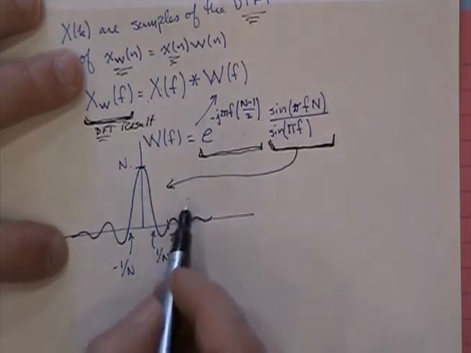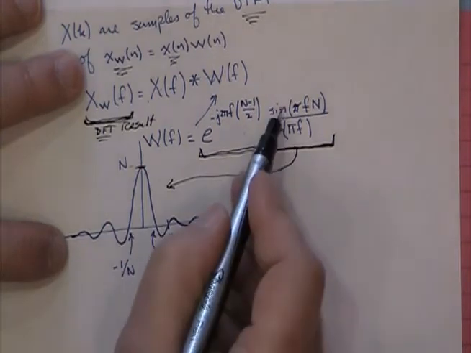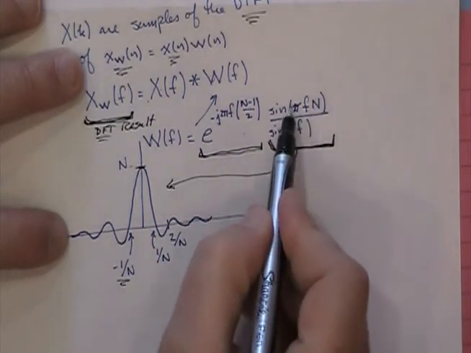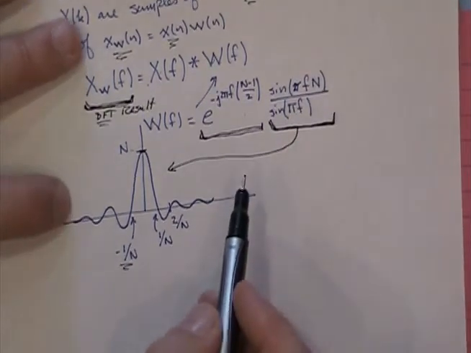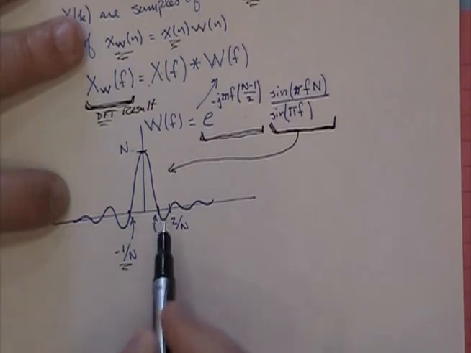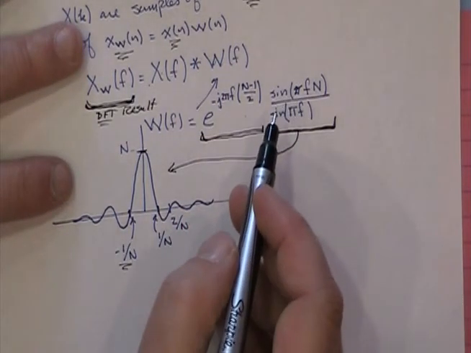When I look at this transform, it has a height of n, if I take a limit there, and then these zeros are the places where the argument here becomes multiples of 1 over n. So I get 0 crossings 1 over n wide. Basically, this convolution is how my DFT gets distorted.